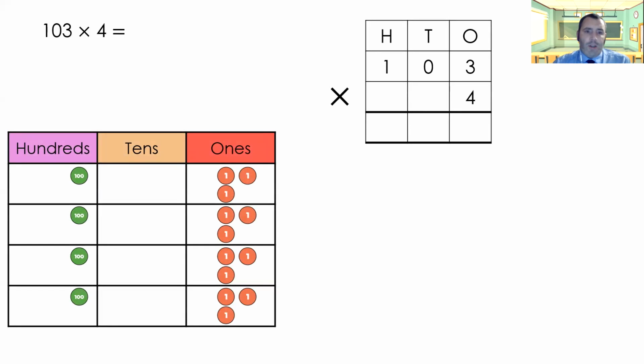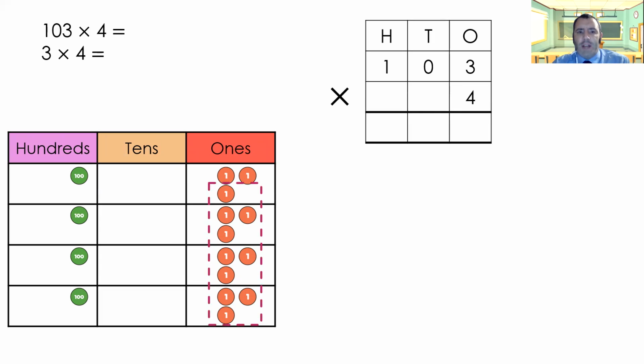So here we go. I'll use it with the array next to it just to help us out. So you can see in each row, I've got 100, I've got no 10s, and I've got 3 1s. My first calculation, can you remember which way we start? That's right. I'm going to start with my 1s. So I'm going to do 3 times 4 to begin with. That will give me 12.